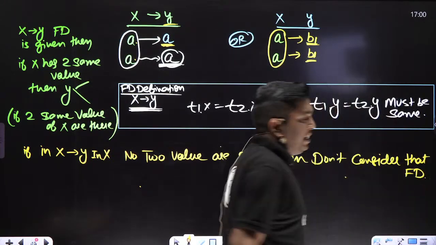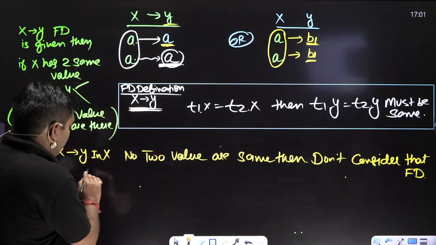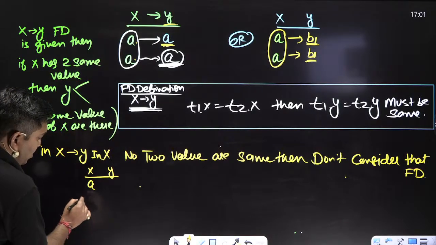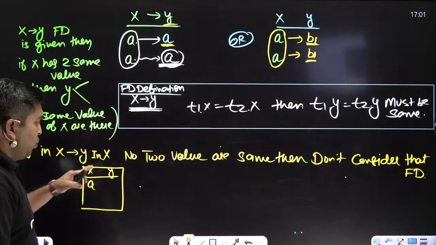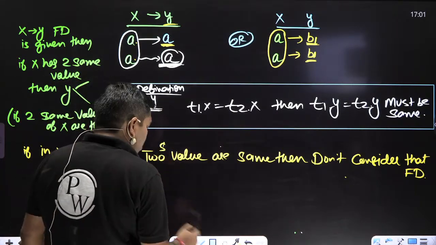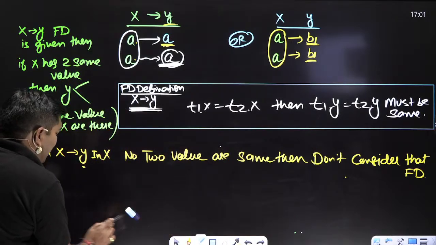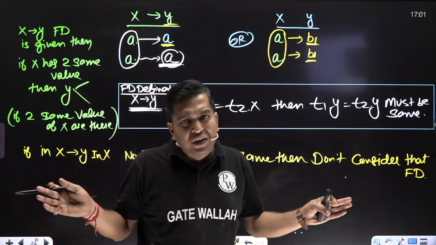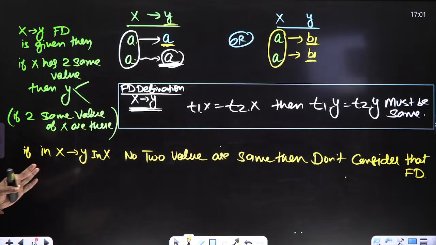Even if an FD X determines Y is given, but here only one value is present, then you can't do anything. With no two same values, you write only a. I know you are not getting it right now, but keep patience for 5 minutes only. Definitely you will get each and everything. This point is crystal clear.